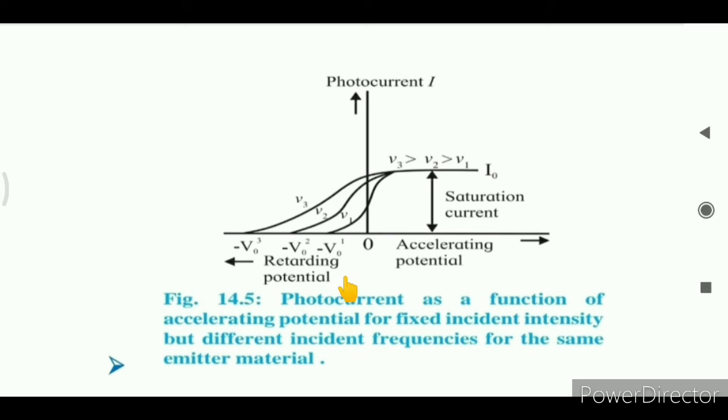When we observe the nature for the positive potential of plate C, saturation current is obtained. When we increase the intensity of the incident radiation, the saturation current, and hence the photoelectric current, also increases proportionally.